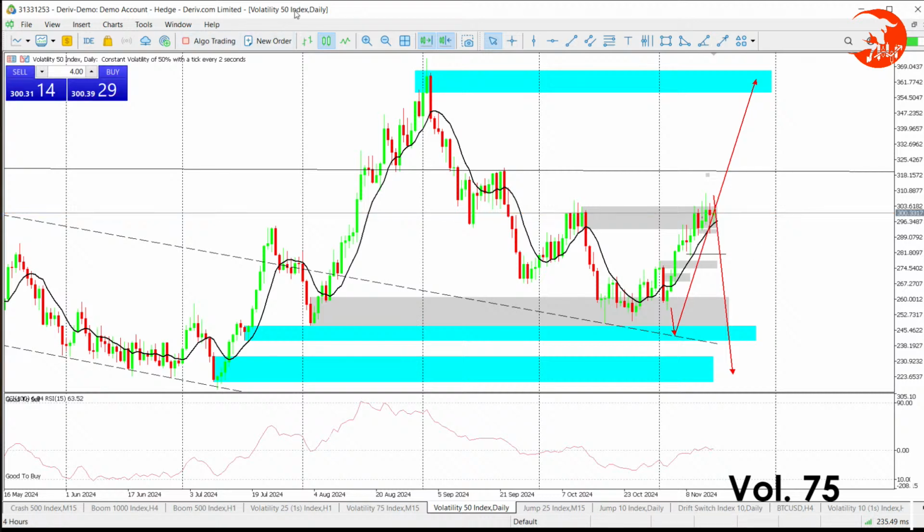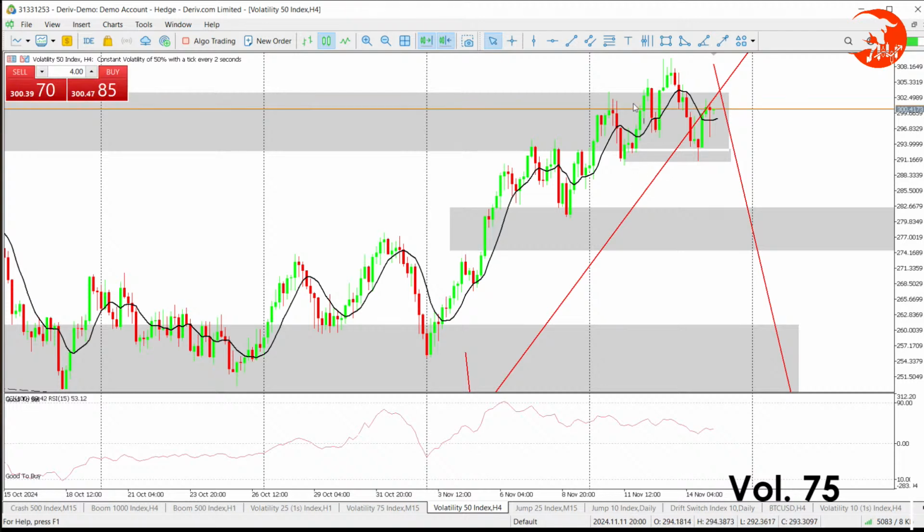Let's check H4. I'm seeing some, this was mitigated already, but not that much. That was a fair value gap there. We can delete this for now. This was a fair value gap there, mitigated by this candle here on the daily time frame. So if that's the case, what are we looking at?